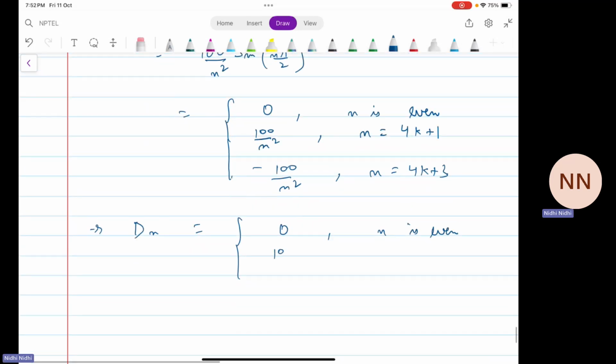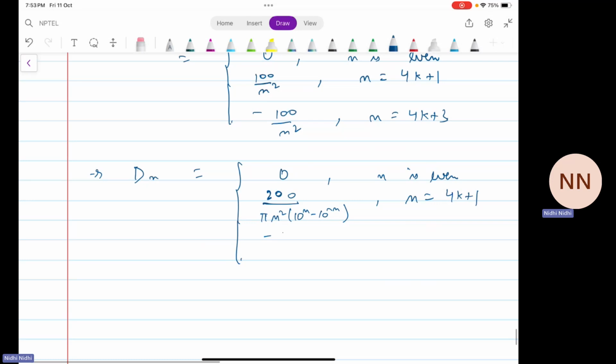Then we have 200 by pi n square (10 to the power n minus 10 to the power minus n) when n is of the form 4k plus 1, and it will be minus 200 by n square pi (10 to the power n minus 10 to the power minus n) when n is of the form 4k plus 3.